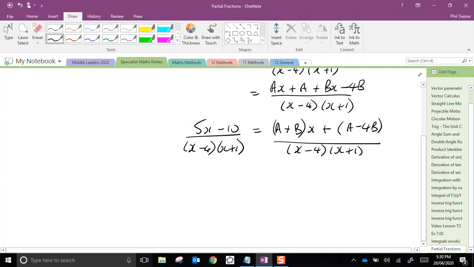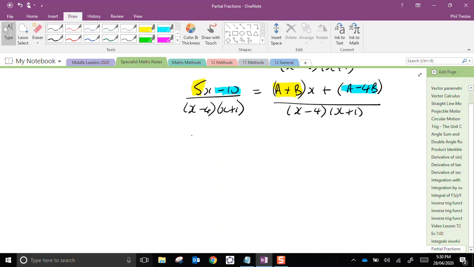So we have a correspondence here between the numerators. In fact, we have a correspondence here between the number 5 and the terms a plus b. We have a correspondence, I'll go blue for this one, negative 10 would be a minus 4b. This is going to give me a way to solve for the unknown a's and b's. So I have a plus b equals 5, let's call that equation 1.